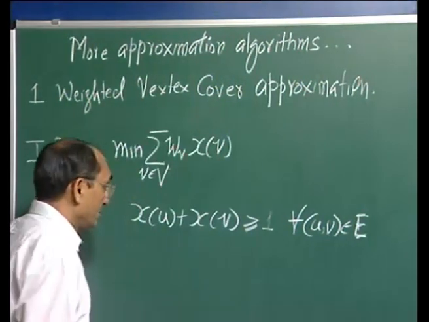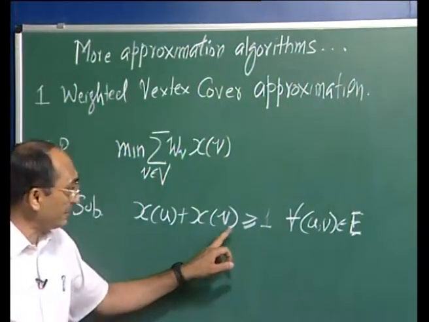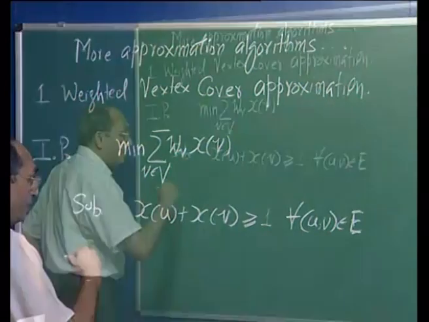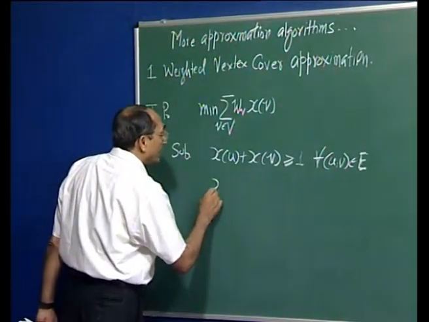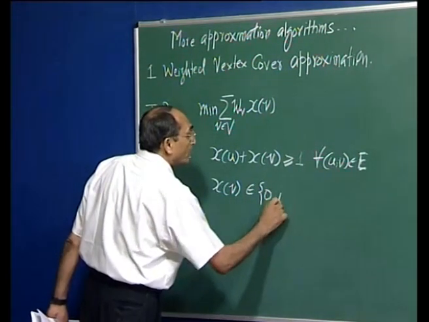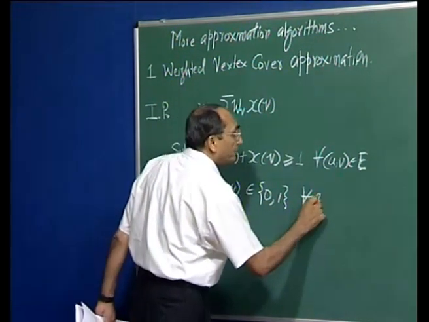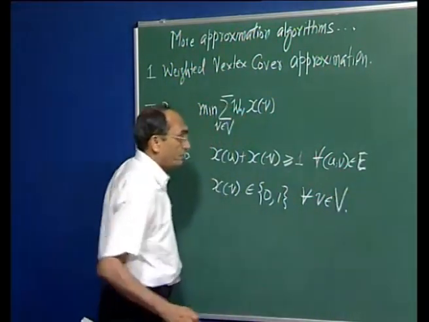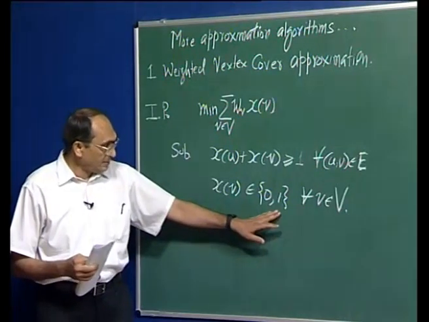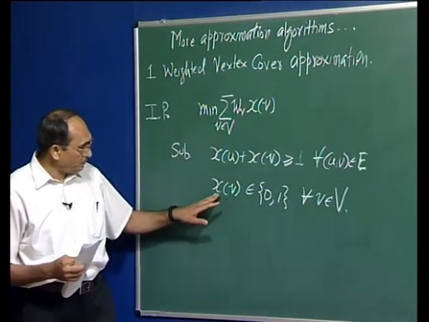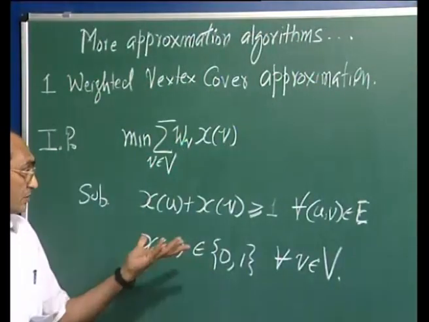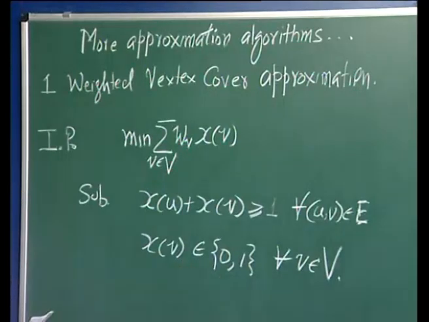This ensures that at least one of the two end vertices of this edge is in the cover, and of course, we want to ensure that X_V is either 0 or 1 for every V in the vertex set. Okay, this guarantees a meaningful value for these functions. If it is 0, then it is not in the cover, else it is present in the cover when it has value 1.